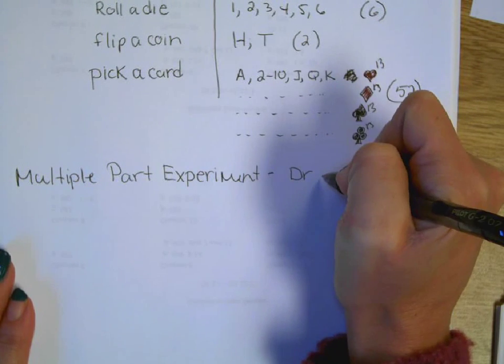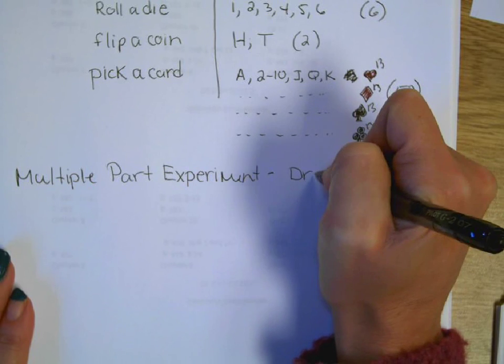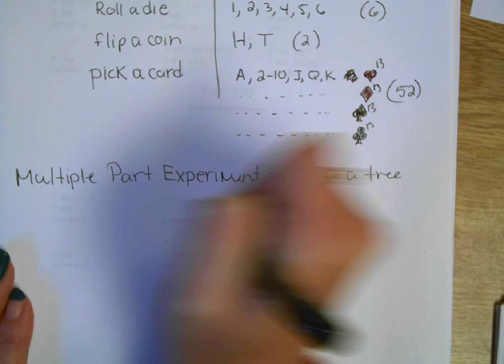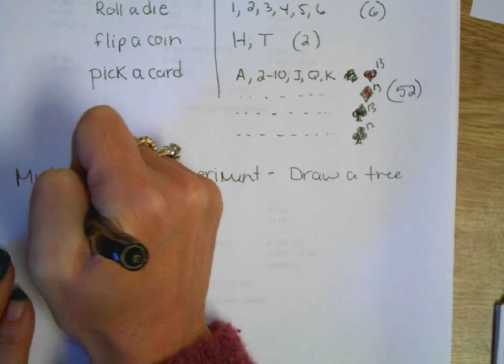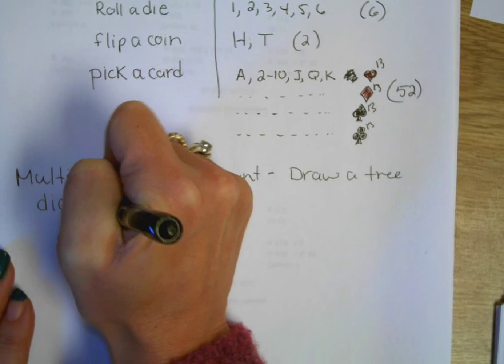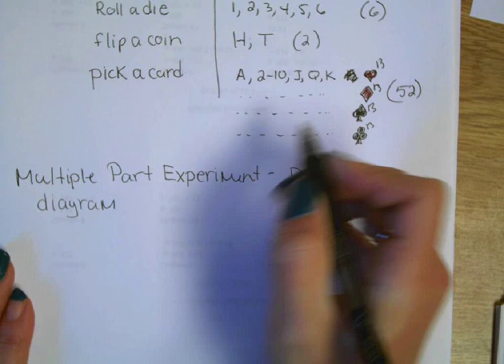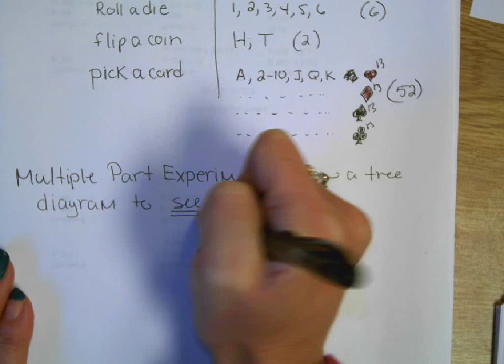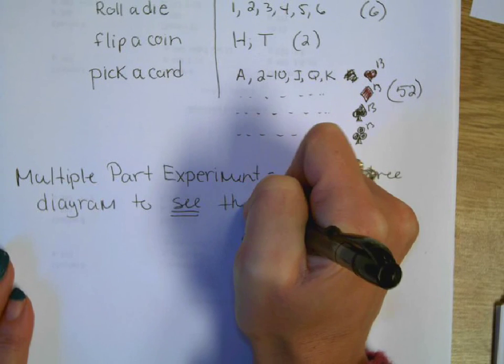Because a multiple part experiment means you've got more than one thing happening. So we're going to draw a tree diagram to physically see the sample space.